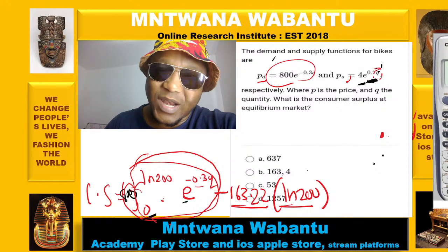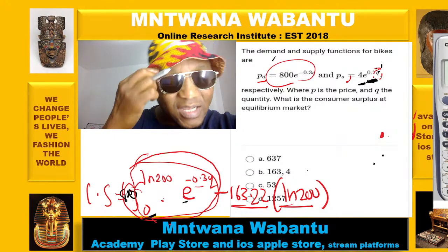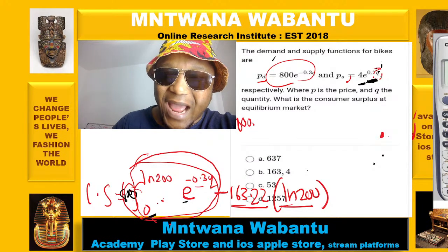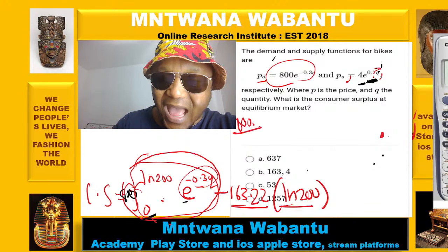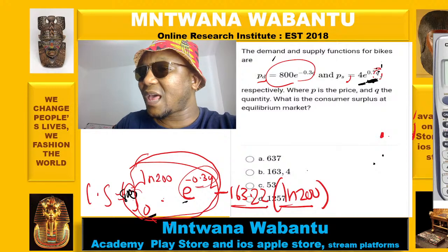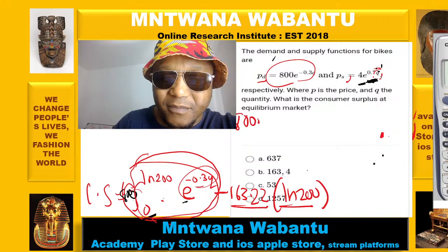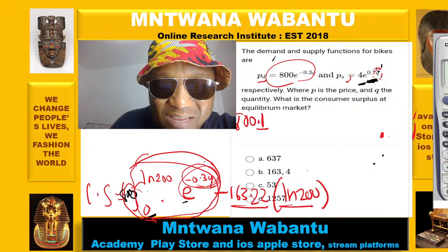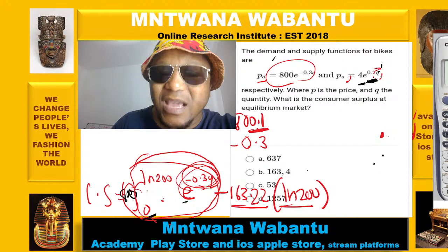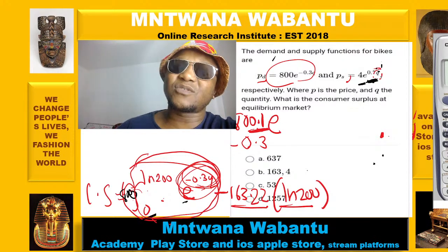You can use a calculator, but for me, I'm going to integrate straight, because this is for the beginner class. 800 is going to go behind, and then let me integrate now. When you integrate e to the power, differentiate what we have here. When you differentiate negative 0.3, it gives you negative 0.3, and then you write it underneath and write exactly what you have. These are the rules of integration.